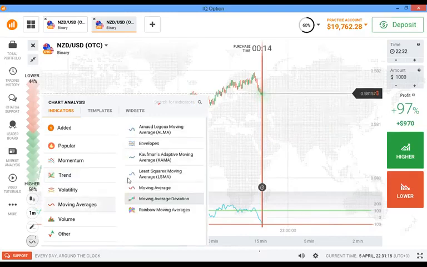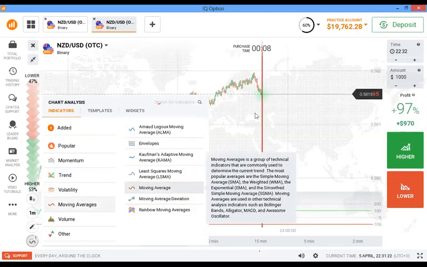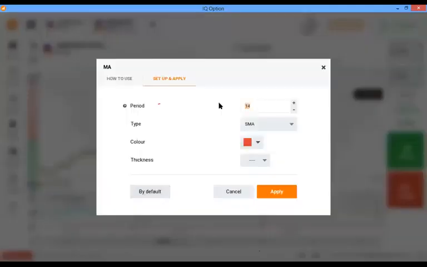I use moving average. I use moving average too. 50 moving average. That is my setup. 50. I change it to EMA. Then color white.